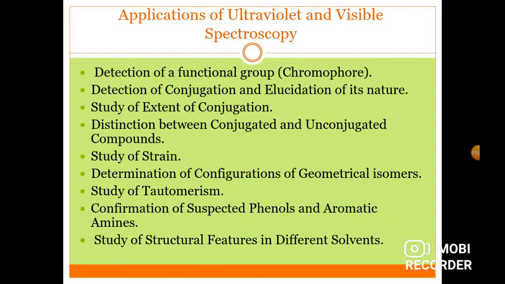Next, the applications of ultraviolet and visible spectroscopy. First, detection of a functional group like a chromophore, detection of conjugation and elucidation of its nature. Next, study of the extent of conjugation, distinction between conjugated and unconjugated compounds, study of strain, also used in the determination of configuration of geometrical isomers, and also used for the study of tautomerism.